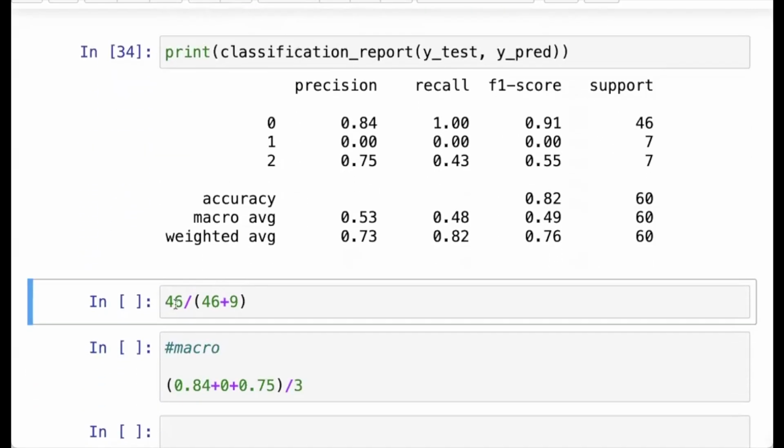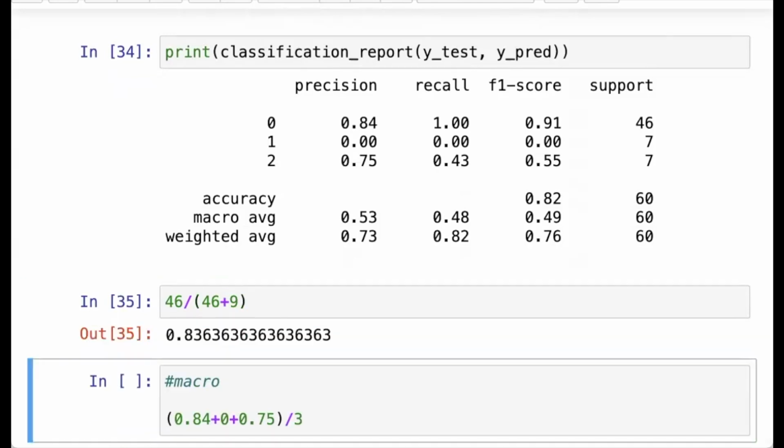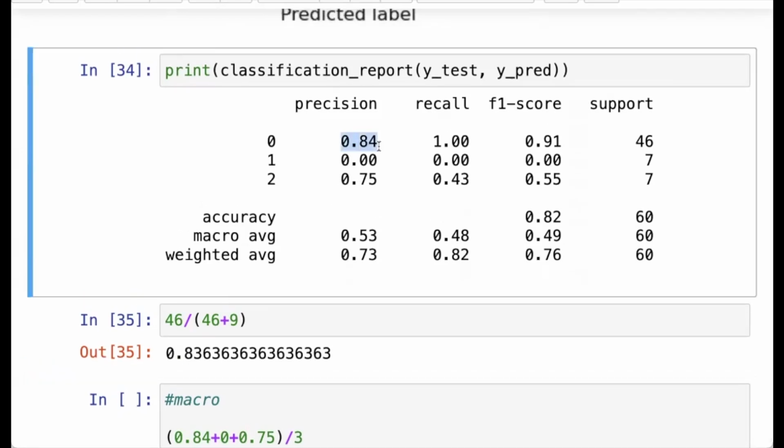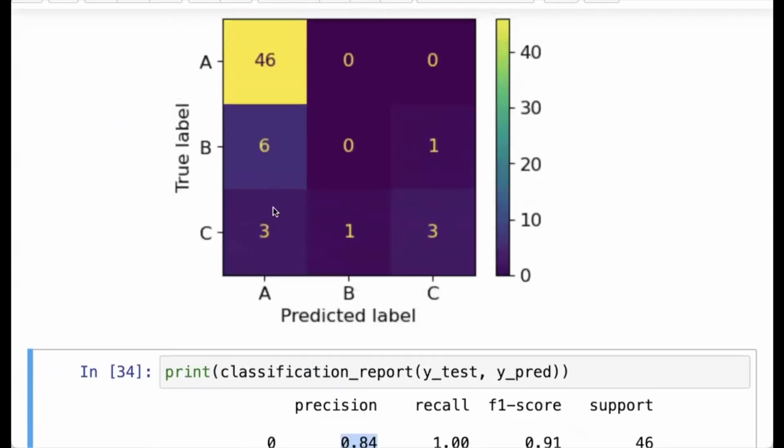So if we do 46 over 46 plus 9, we get 0.8836, which is almost 0.84 if we use 2 decimal points, right? So that's the precision you get for this class 0 here. Or I call it class A because I like to use ABC instead of 0, 1, 2.